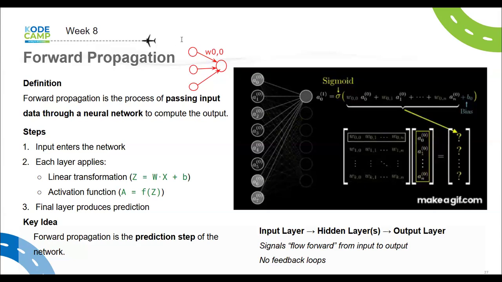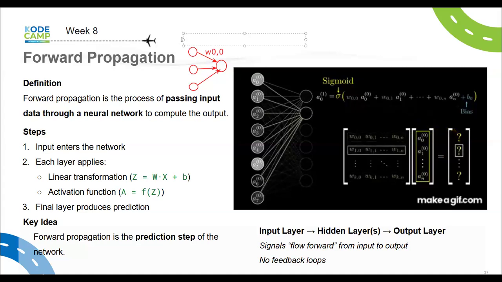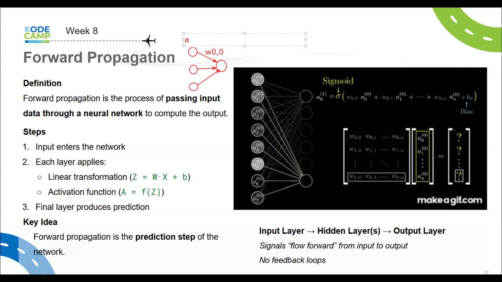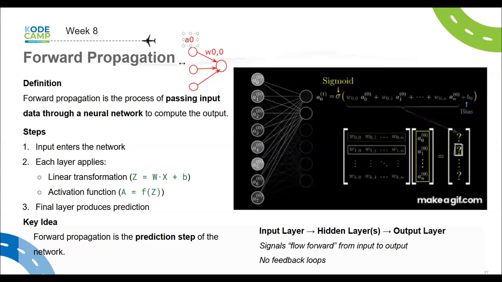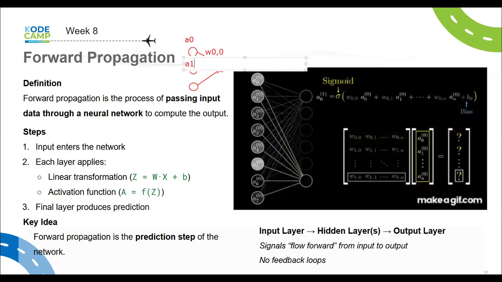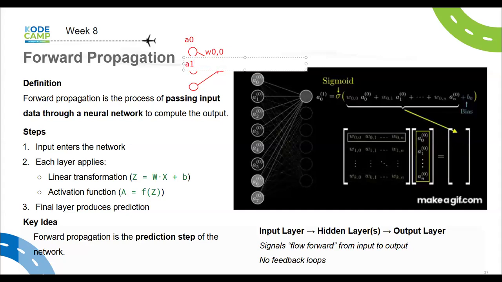Okay. So let's call this A0, which, if you look closely at the animation, is what you see. This is A0, this one is A1, and the next one is A2. Those are the three that you have.